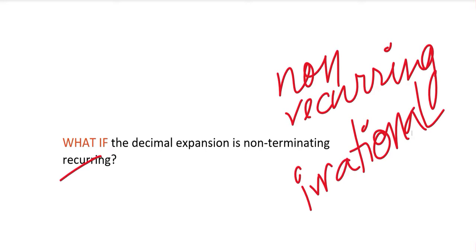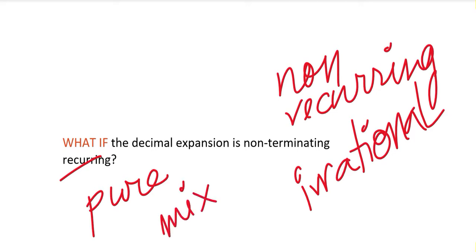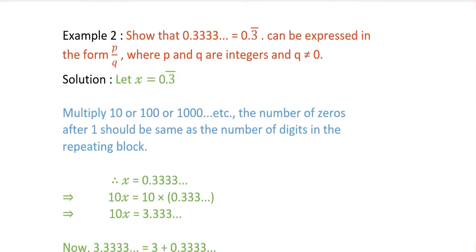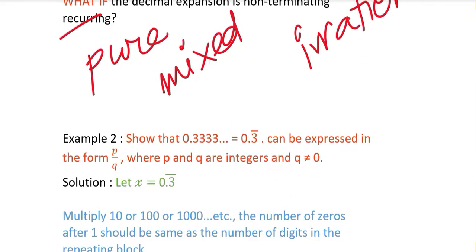Now non-terminating recurring decimals are of two kinds. One is pure and the other is mixed. So the first example we are going to do is for a pure one. In a pure non-terminating recurring decimal, the repeating block starts just after the decimal. For example, in this example, just after the decimal, the repeating block, here the repeating block is 3, right?